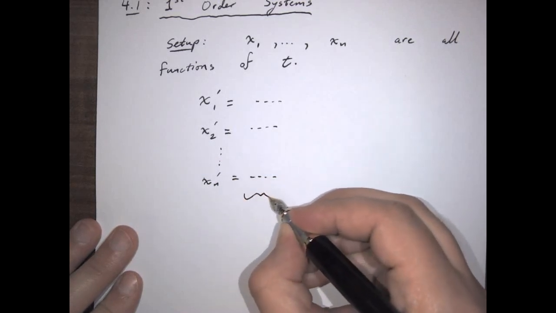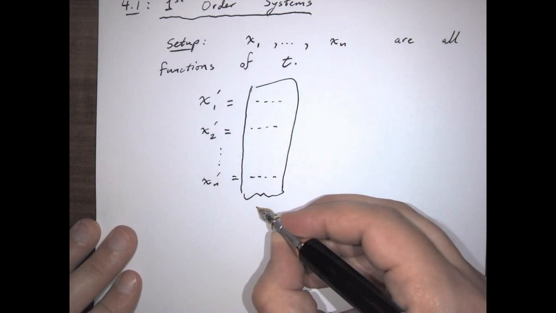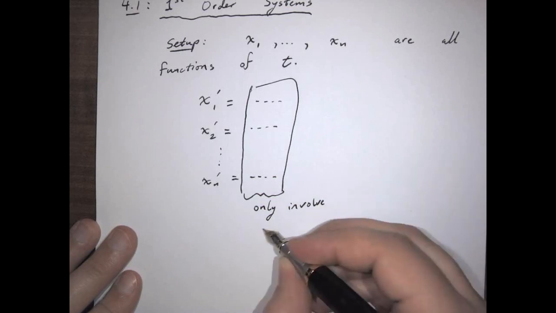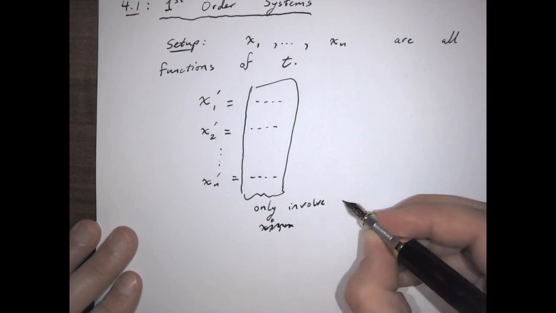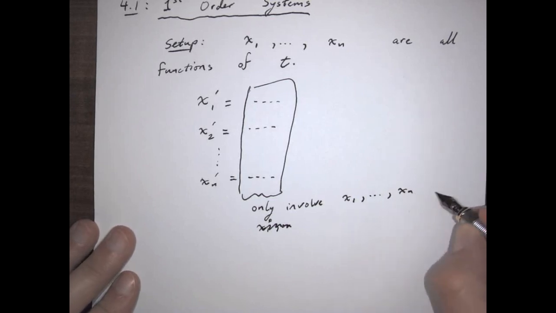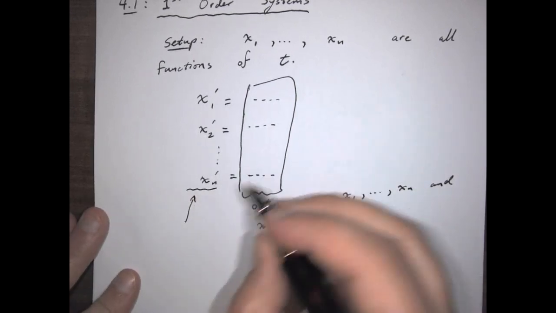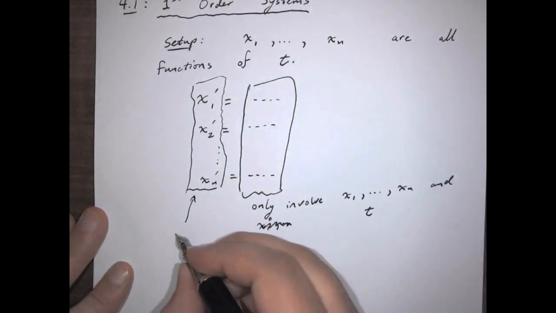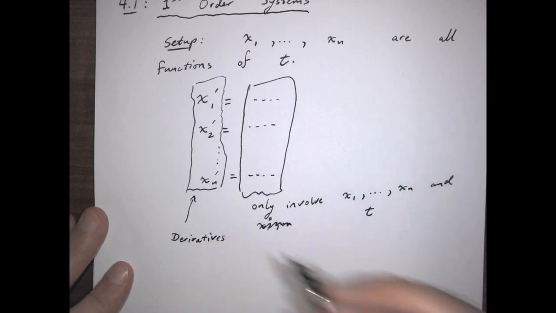And the thing here in this column, these only involve the x1 through xn, no derivatives, and t, and these derivatives are all with respect to t.